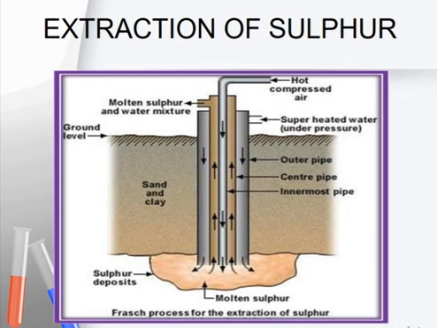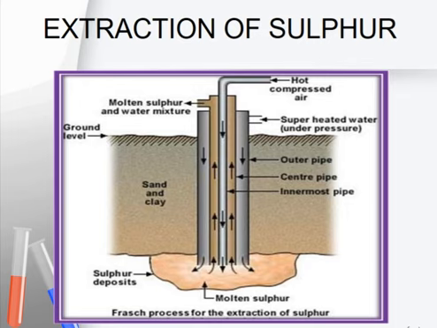This non-metallic element is usually extracted from underground deposits by the Frasch Process, devised by the American chemist Frasch. This process is based on the fact that sulfur has a comparatively low melting point.